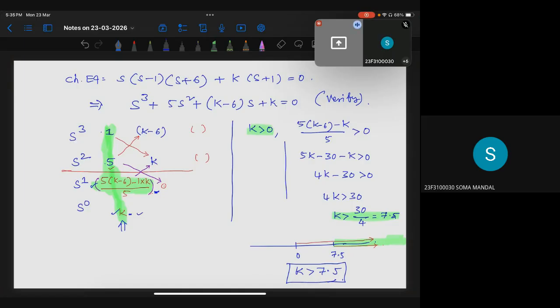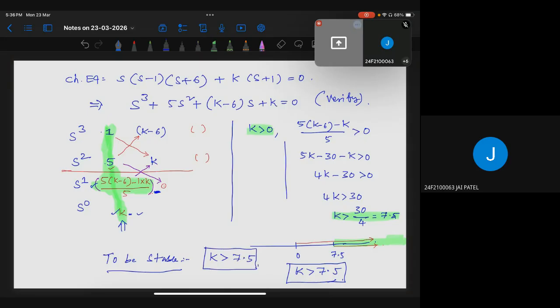If this is negative, what will happen? The system becomes unstable, because a sign change comes into the picture. Clear? So finally, for the system to be stable, k has to be greater than 7.5.